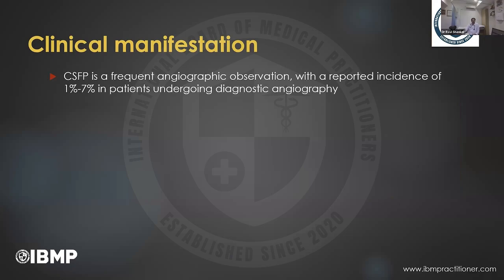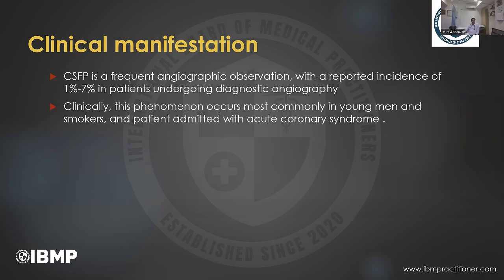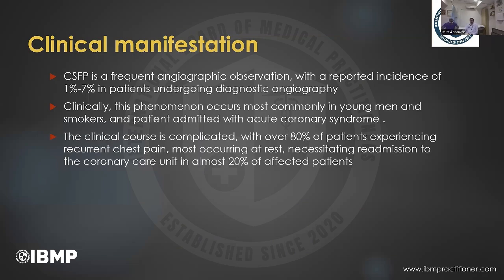So, manifestation: angiographic observation reported an incidence of almost 1 to 5% in patients undergoing diagnostic angiography, and the phenomenon occurs most commonly in young patients, where there is smoking and more thrombus burden. In patients admitted with acute MI, 80% experience recurrent chest pain, mostly at rest, and may require ICU admission.